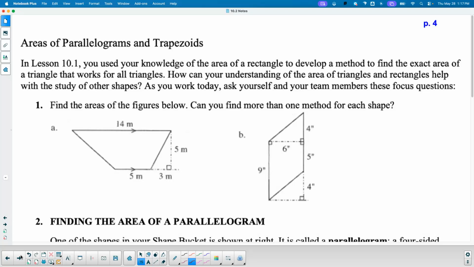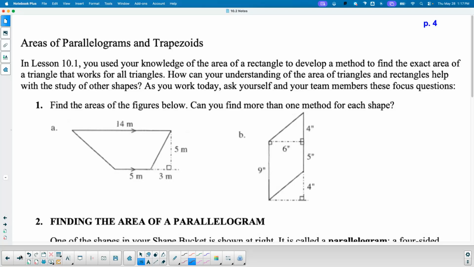So my left shape here in number 1 is what? Shape A. What shape is it?